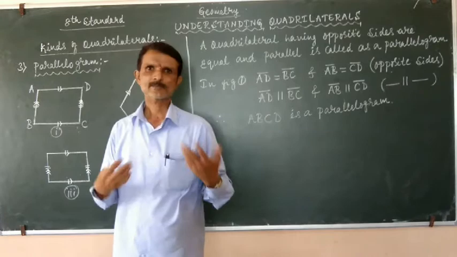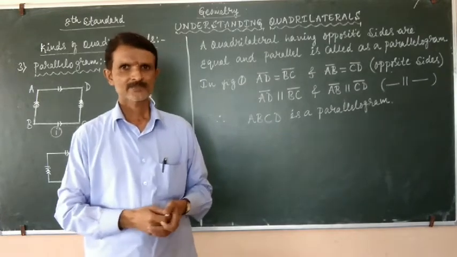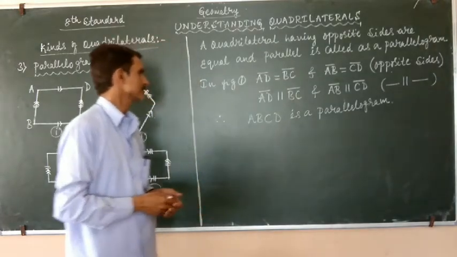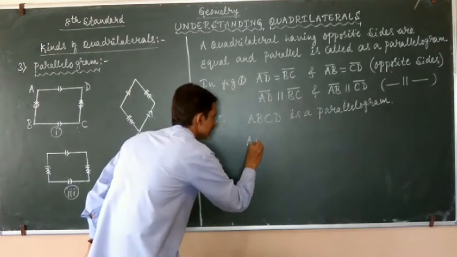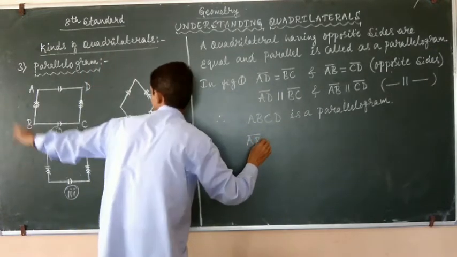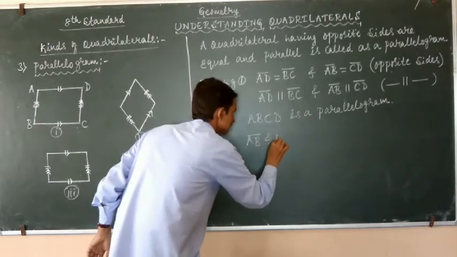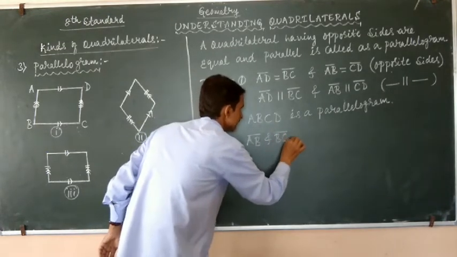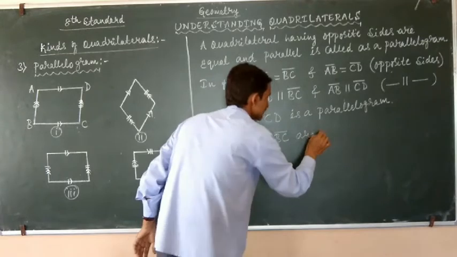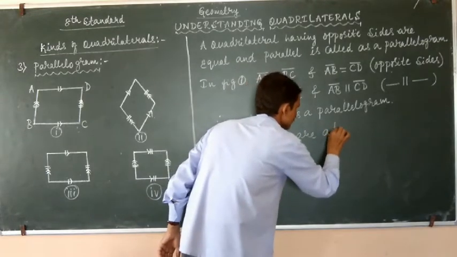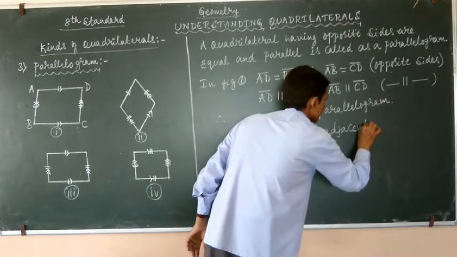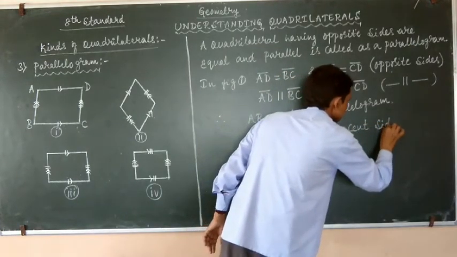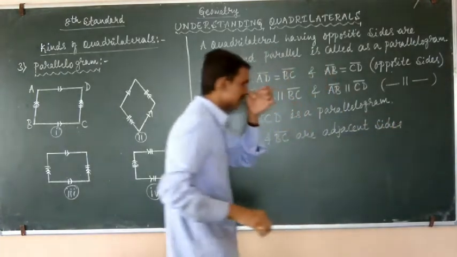So, coming to what about the angles? First, sides AB and BC are adjacent sides. They are called adjacent sides, that means side by side.